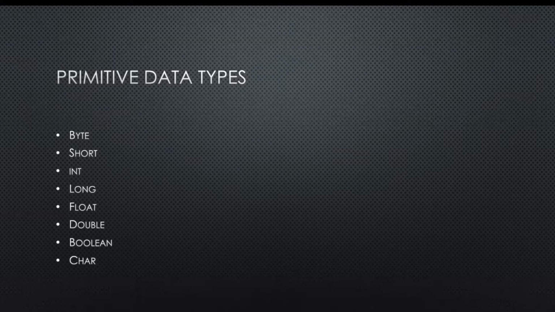We have byte, short, int, and long. Each one of them stores a much larger number. For example, byte would only be able to store between negative 128 and 127. If we wanted to store the number 128, we would need to use short. Byte would not be able to store such a large number anymore. This allows us to be a bit more conservative with our memory and make our programs more efficient.